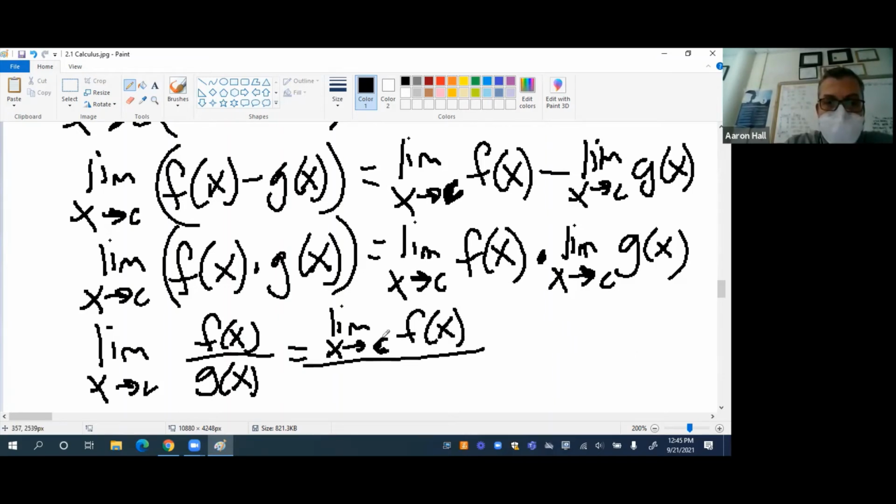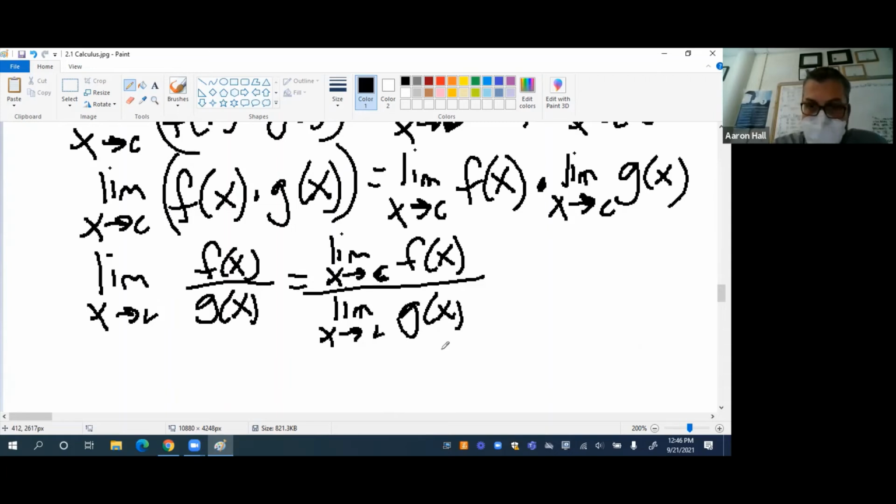How about we're good with just that it's intuitive? It can't be zero. So I'll just say that. The limit of g of x can't be zero.